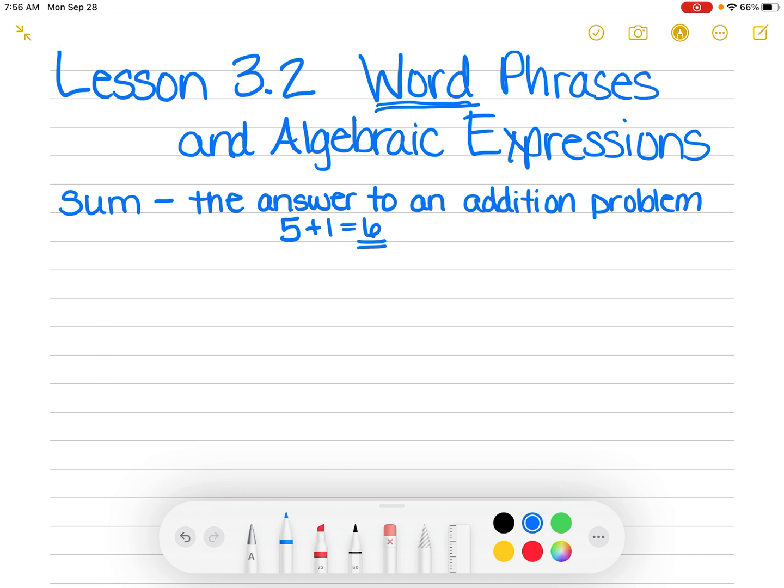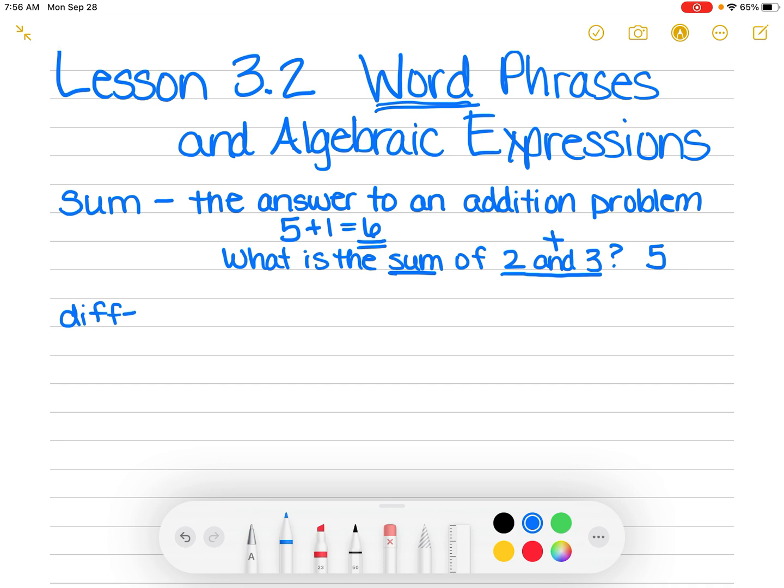If I gave you two numbers and said, what is the sum of 2 and 3, then your answer would be 5, because sum is the answer to an addition problem. So I'm going to make this an addition problem to get the answer of 5. Okay, so let's go through the other three words that are like that.